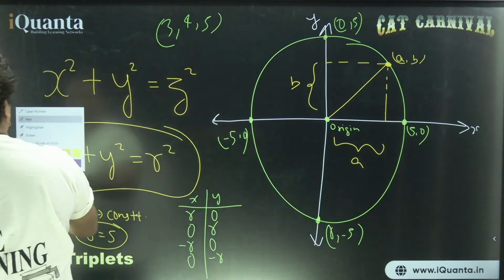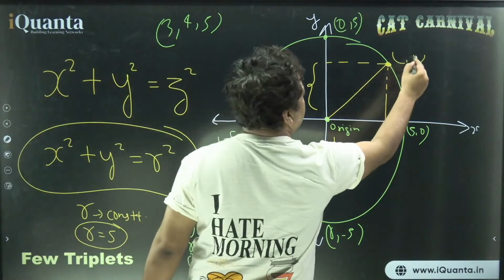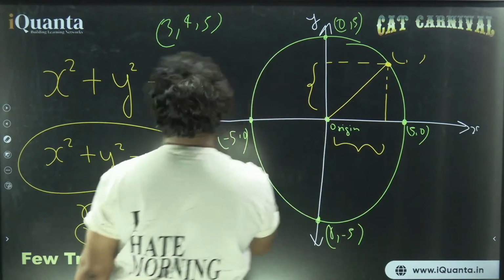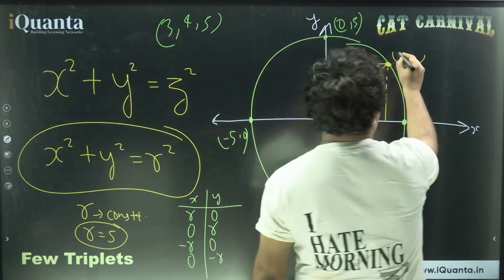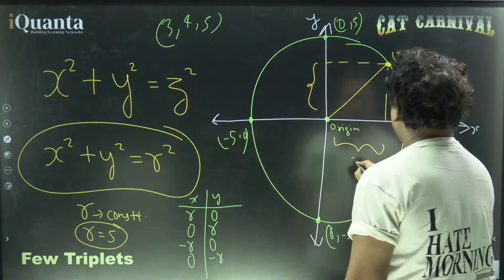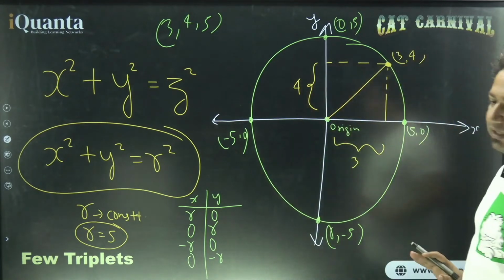And if I assume this to be 3, this to be 4, it will lie here, isn't it?